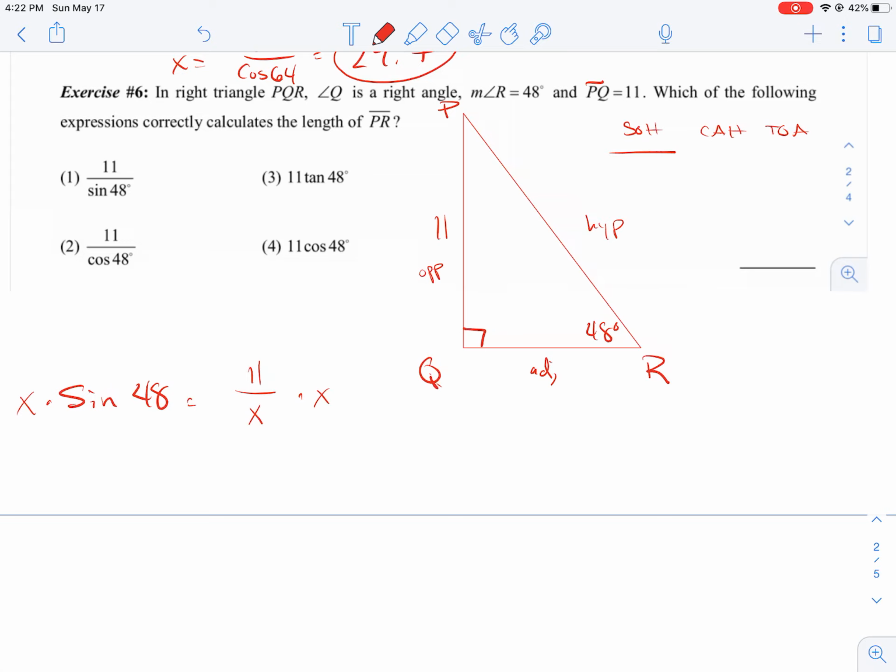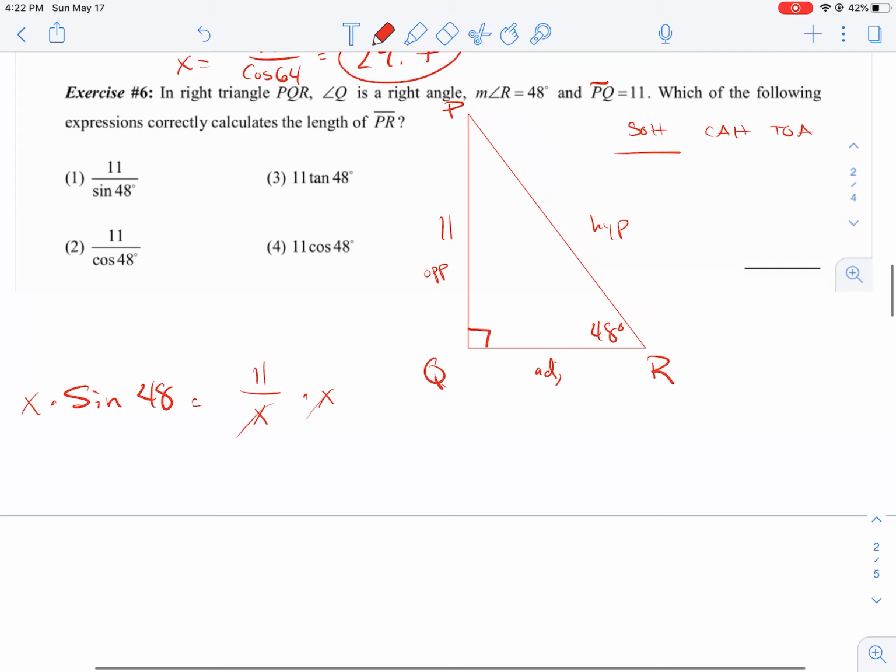Multiply both sides by x. Let's cancel here, so you get x is equal to 11 divided by the sine of 48. So we would divide both sides by the sine of 48.